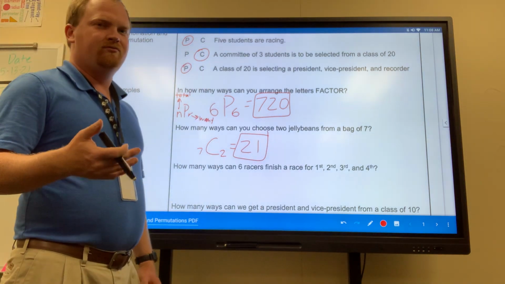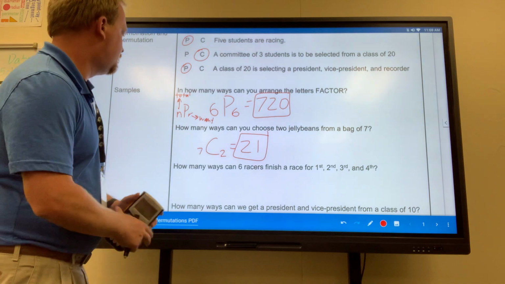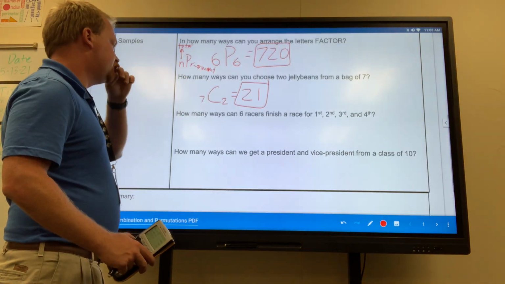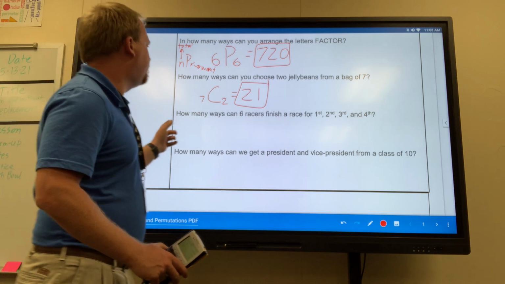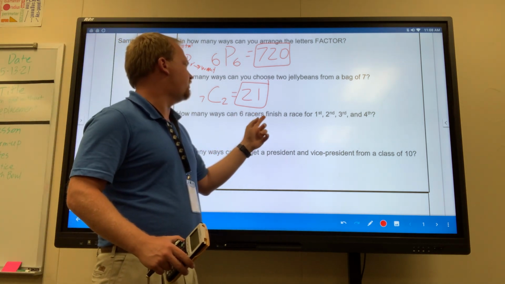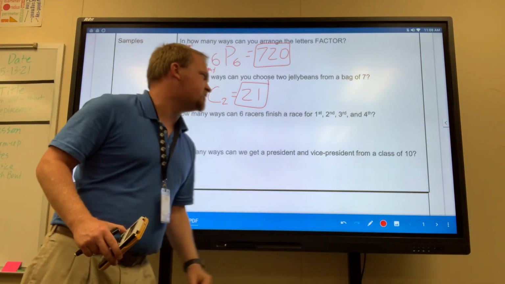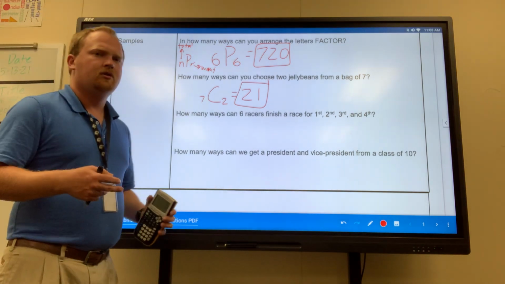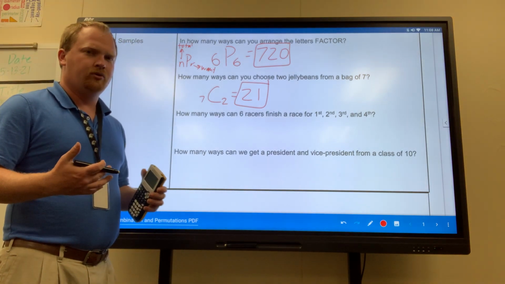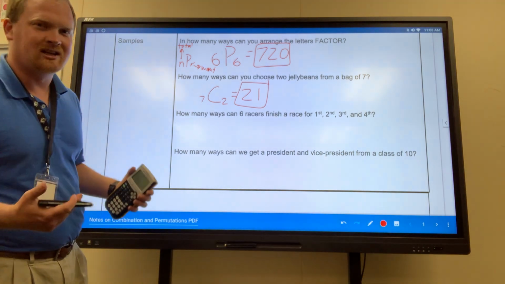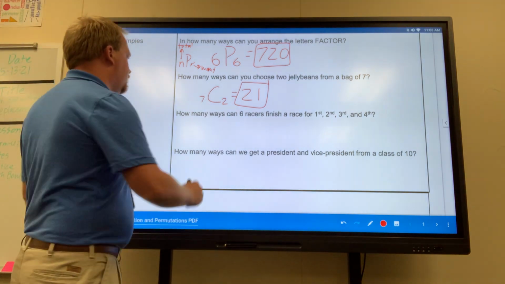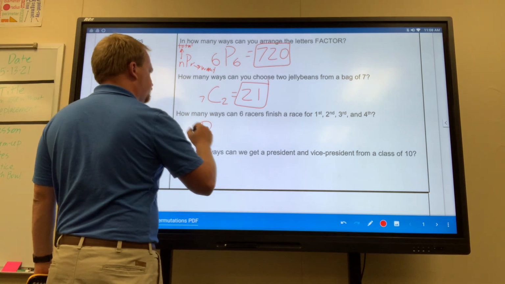So not that many. But now we want to figure out how many ways 6 racers can finish a race for first, second, third, or fourth. Now we're worried about order, the order in which someone is selected or finishes. So this is a permutation.